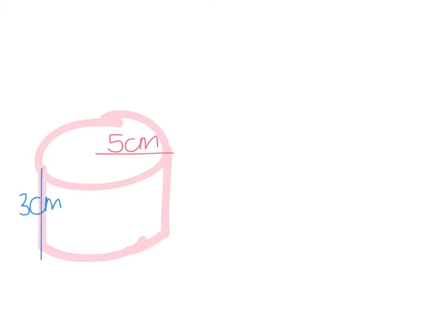So again, I'm going to use the formula that I'm most comfortable with, but it's up to you which one you want to use. I'm going to work out V equals pi r squared times height. Now you don't actually have to put that times in there. I might remove it because it still means the same thing without the times, but when you're learning it, it is easier to have that in there.